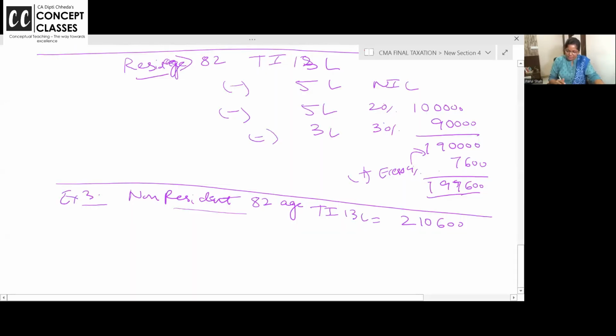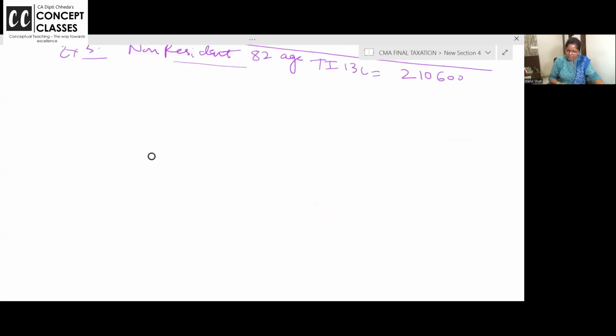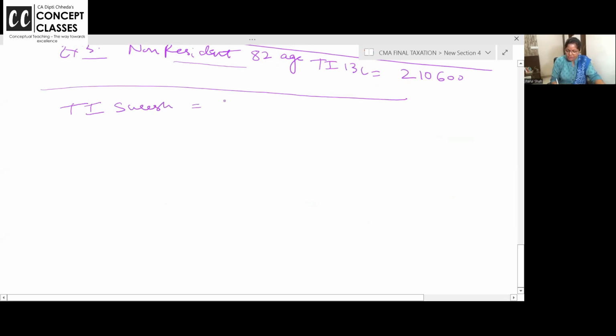Okay, right. Now, say total income of Suresh is 4,50,000. Age is not given. So we will take how much basic exemption, dear students? 250. Basic exemption, tax nil. Balance 2,00,000.